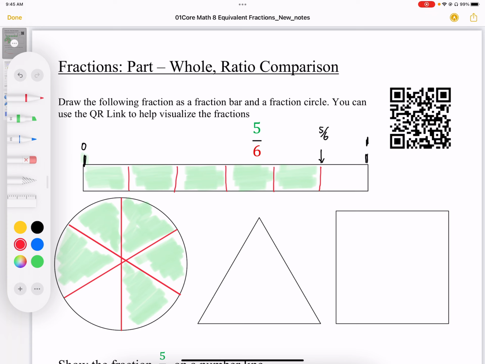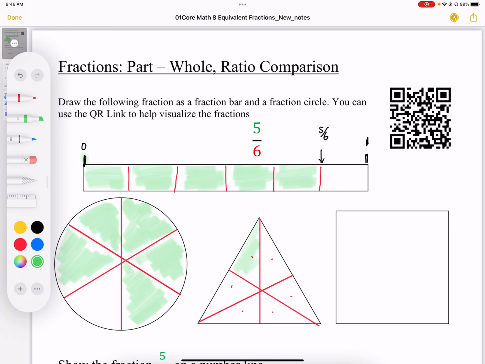For the triangle, it's a little bit hard, but if I draw lines from the vertex to the middle of the opposite side, I end up dividing this into 6 equal pieces. So I can count 1, 2, 3, 4, 5, 6. They're all the same shape, so we know that they're all the same size.